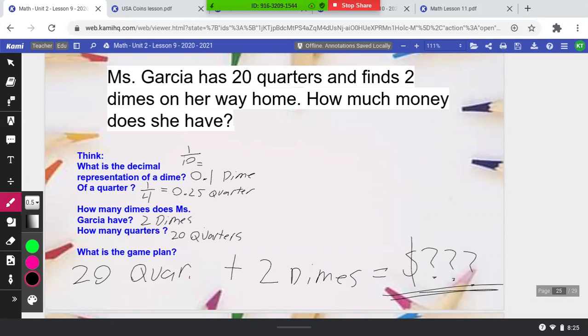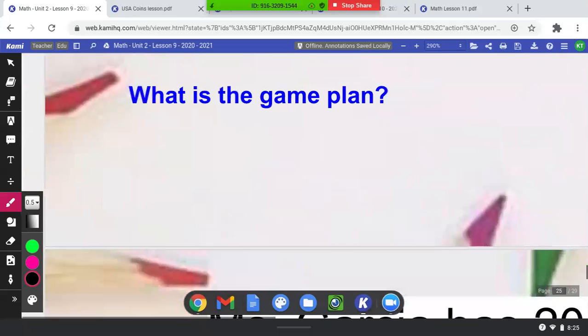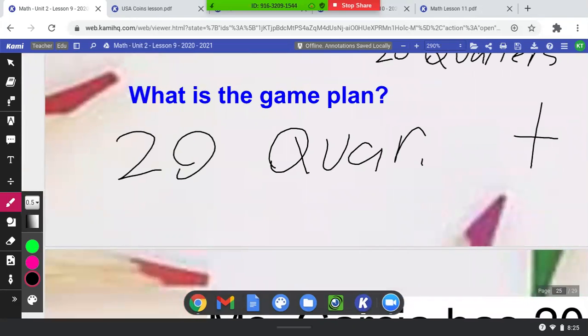How many dollars is that? Well, let's figure out how many dollars are in 20 quarters. We said that 1 quarter equals this, but because you need 4 to make $1. So you need 4 quarters to make $1, but Ms. Garcia has 20.